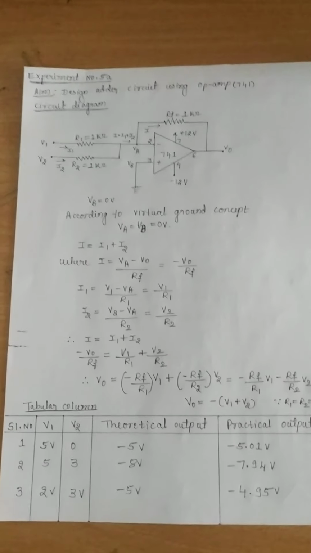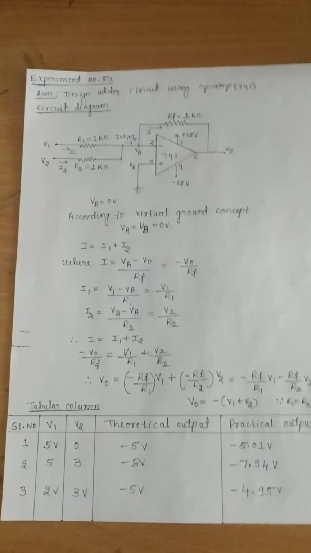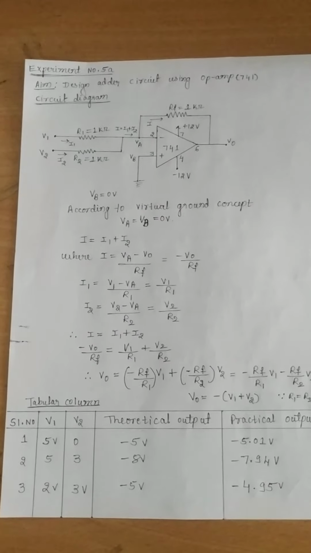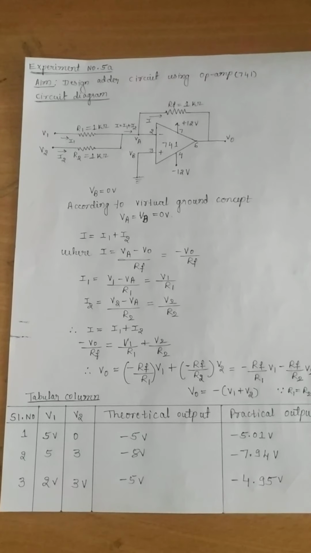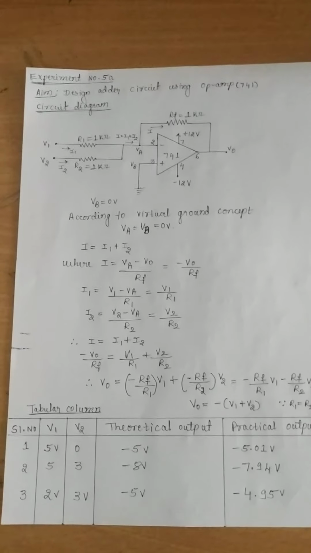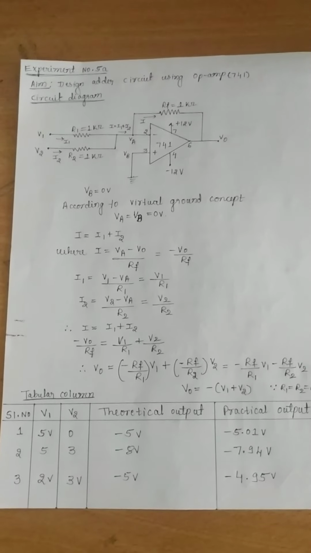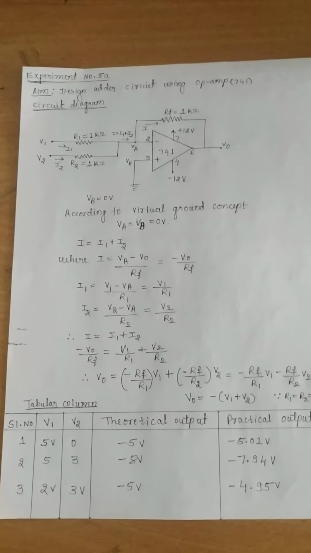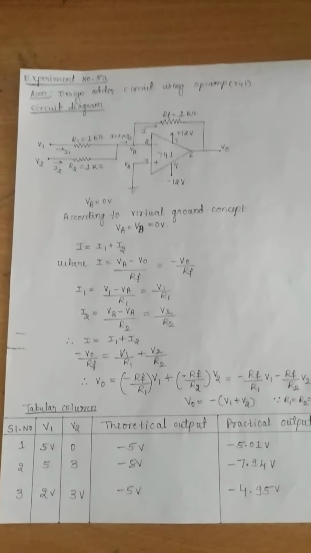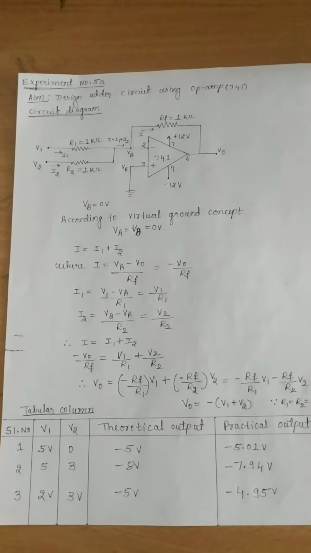Then substitute I1, I2 and I in the equation I is equal to I1 plus I2. Therefore, I is minus V0 by RF, I1 is V1 by R1 and I2 is V2 by R2. So what will you get? V0 equals minus RF by R1 into V1 plus minus RF by R2 into V2.